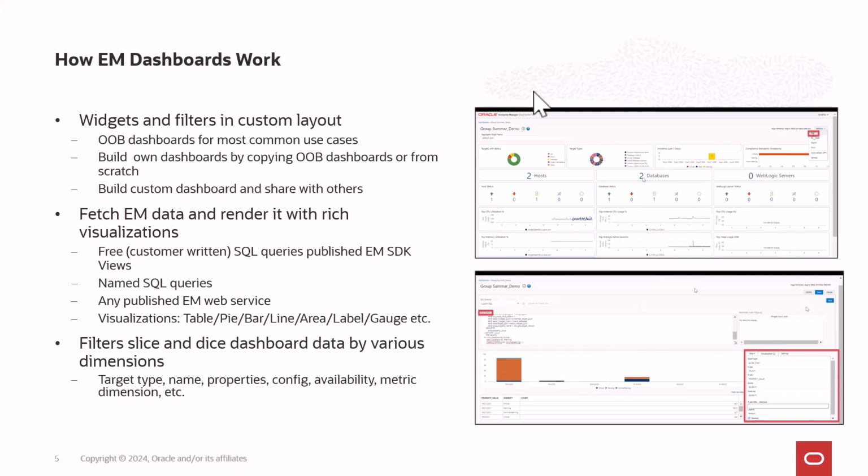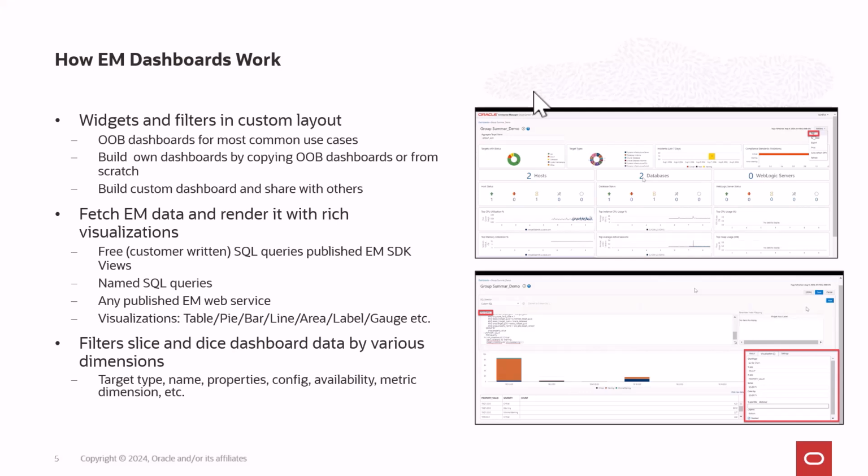It can be a free SQL, named SQL, or a custom query which the customer can write, and that will fetch the data from the published Enterprise Manager SDK views. So there is a lot of data, and with a custom SQL query or a named SQL, it can fetch the data. Named SQL queries are the default SQL queries provided by Oracle. It also fetches data from published EM web services.